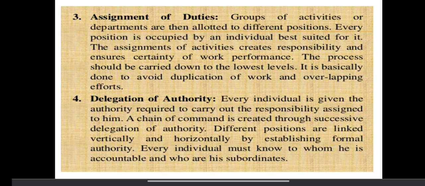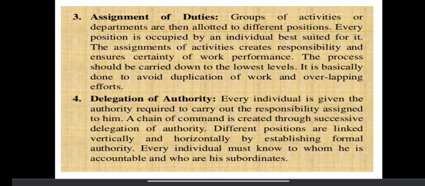Unity of command means one subordinate should receive orders from one superior, or one superior should delegate responsibility to a number of subordinates, but a number of superiors should not give commands to one subordinate. If a number of leaders give a number of ideas to a subordinate, can he remember and complete the task?